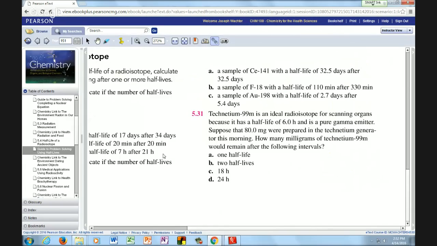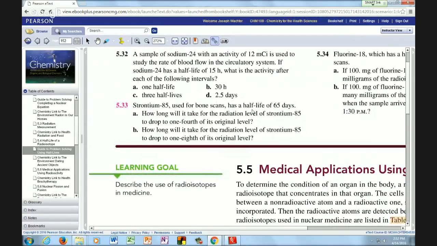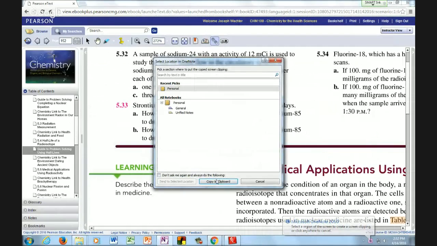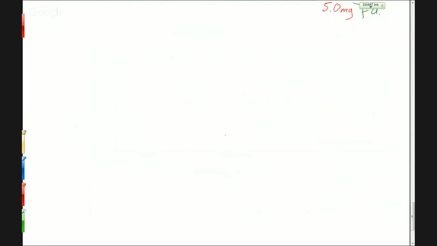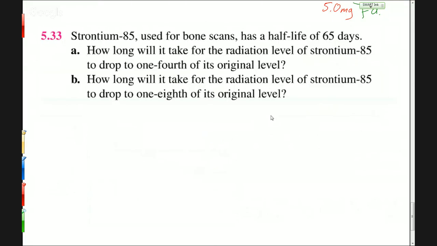All right, let's try this one because it's a little bit more abstract, but you can still figure it out, I think. Strontium-85 for bone scans has a half-life of 65 days.